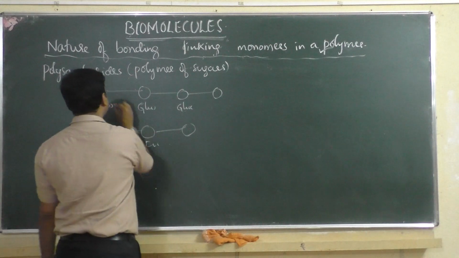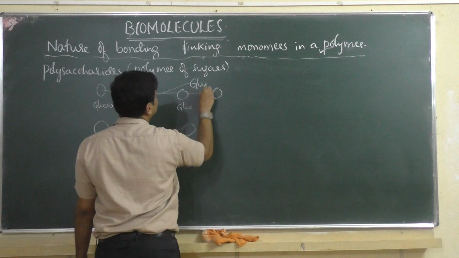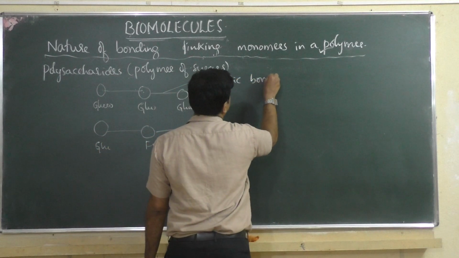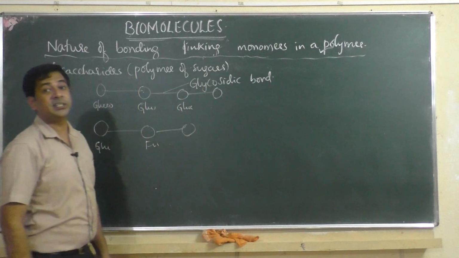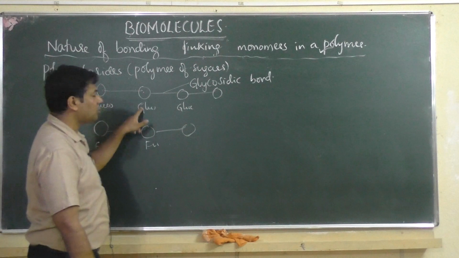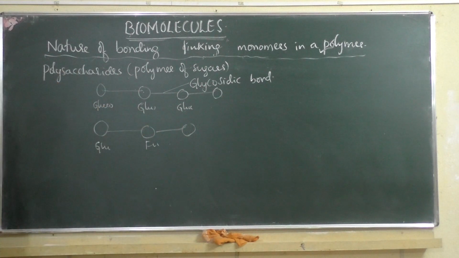Whatever the polymer is, between two sugar units the bond formed is called the glycosidic bond. Always between two sugars, like between two glucose, the bond formed is called the glycosidic bond.